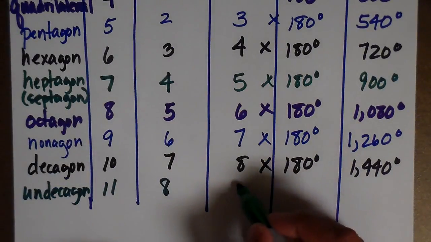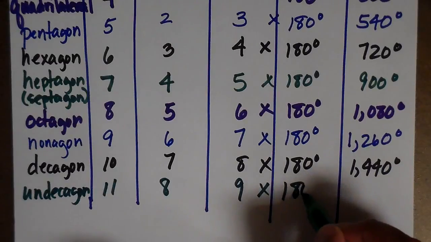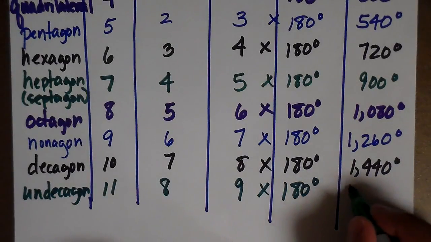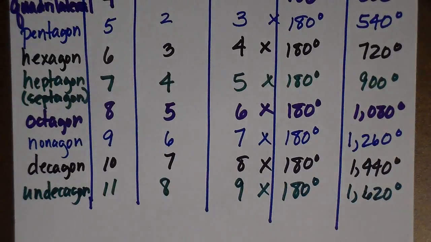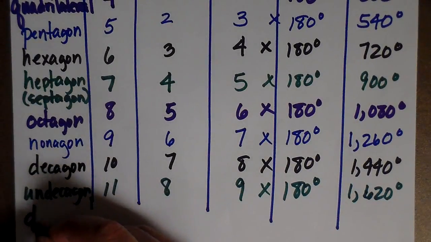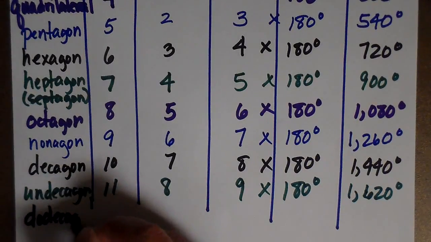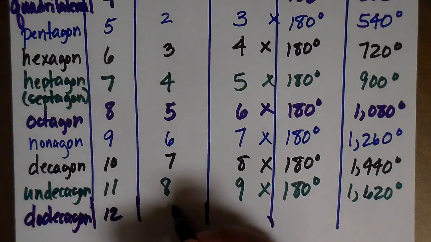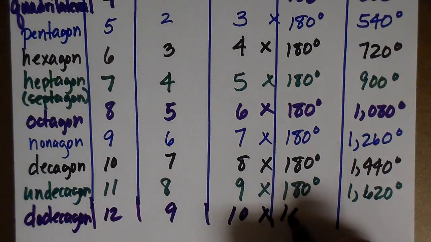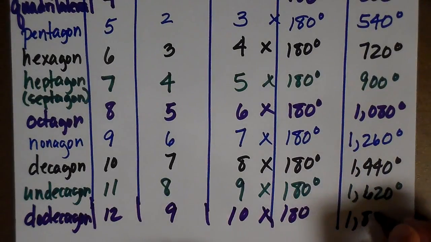That has 8 diagonals, 9 triangles at 180 degrees apiece. So that one is going to be 1,620 degrees. And then we have the dodecagon. The dodecagon has 12 sides, 9 diagonals, 10 triangles at 180 degrees, so that's 1,800.